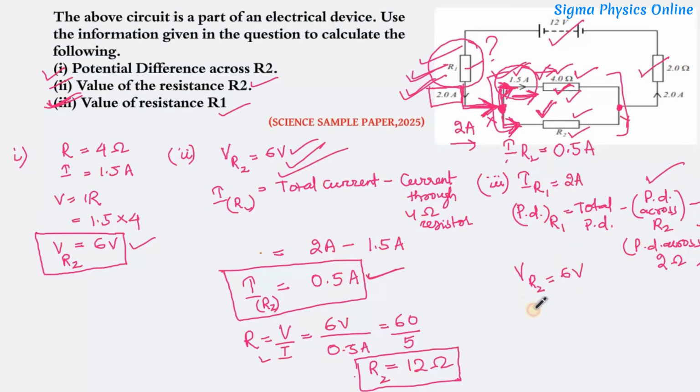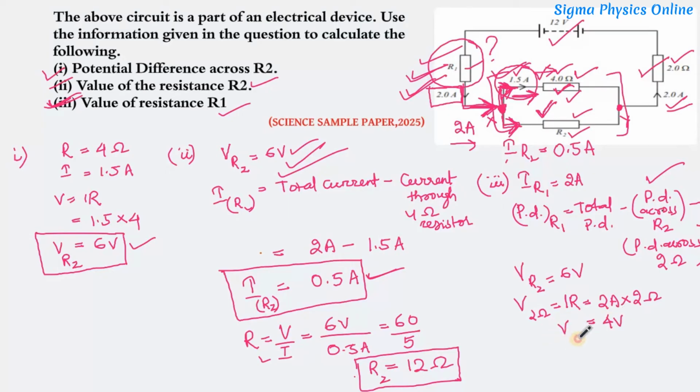The potential difference across the 2 ohm resistor is, from Ohm's law, V is equal to IR. The current given here is 2 ampere and the resistance given here is 2 ohm. So the potential difference across the 2 ohm resistor is 4 volt.